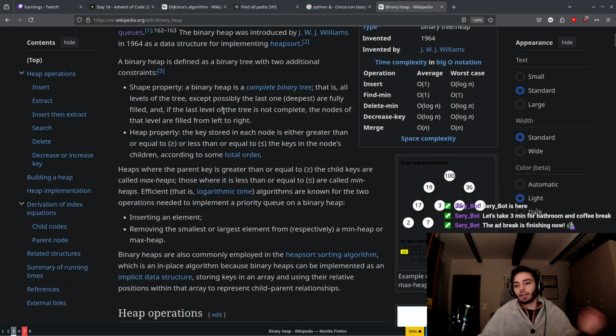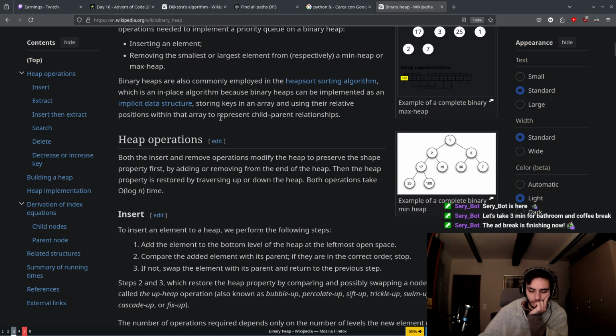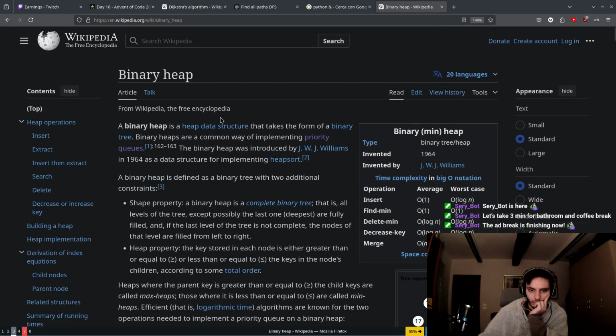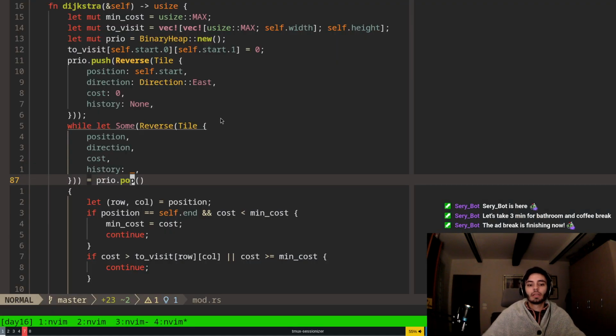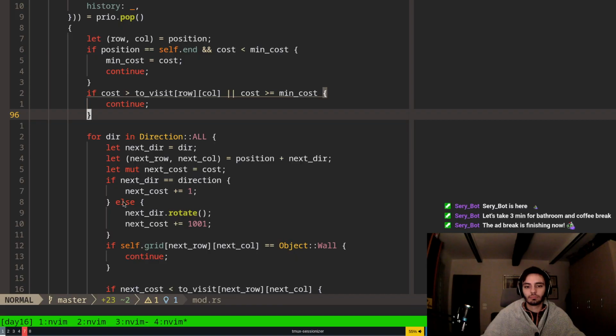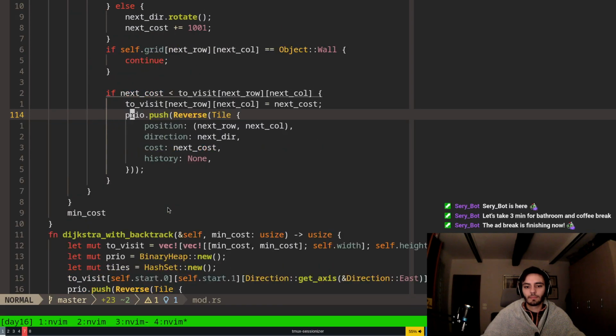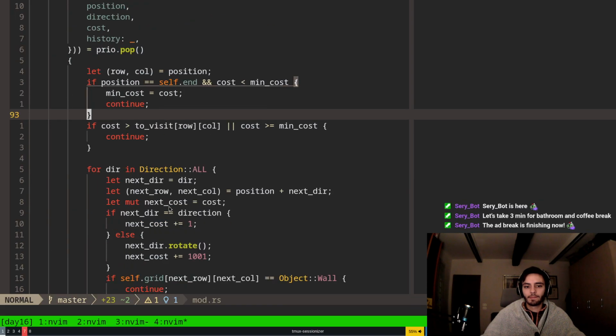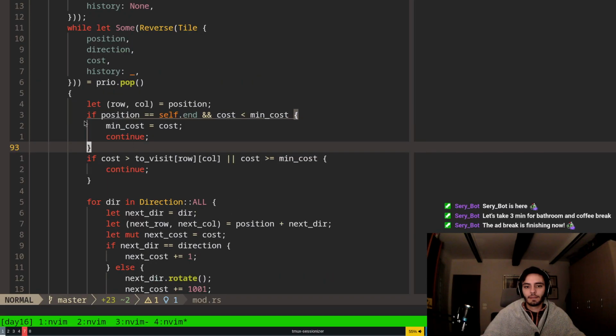No. Can it be? Can this be the problem? Can I substitute with a binary heap and make it work? If position equals end, then min cost equals cost.